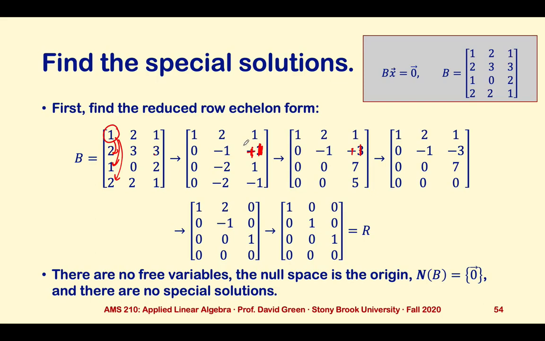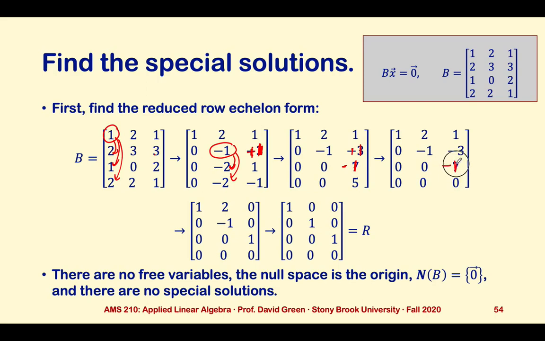We then continue forward, moving over and down to our next pivot. Eliminate downwards. Negative 1 and negative 2 plus 2 is 0. 1 plus 2 is, this will be 1 minus 2, so this should be a negative 1.